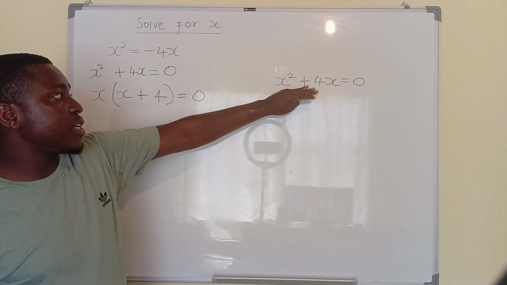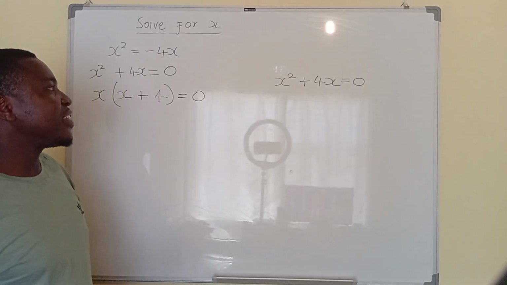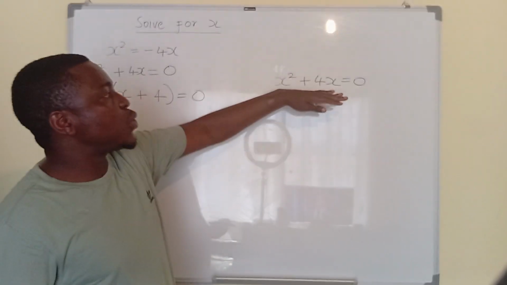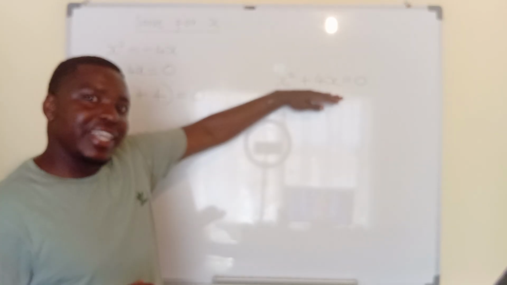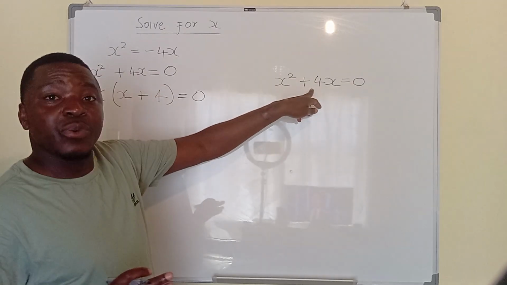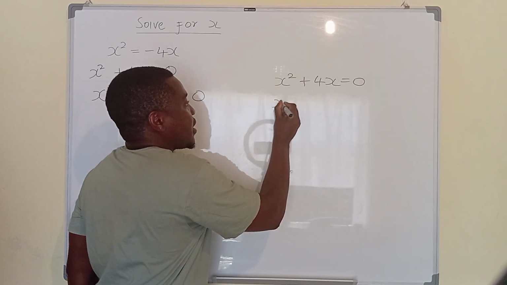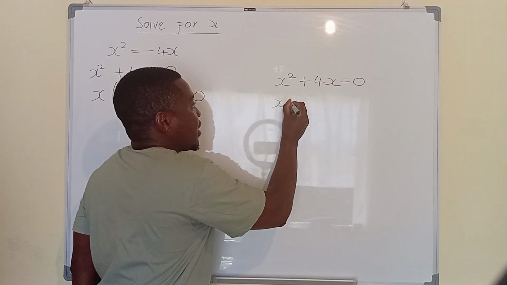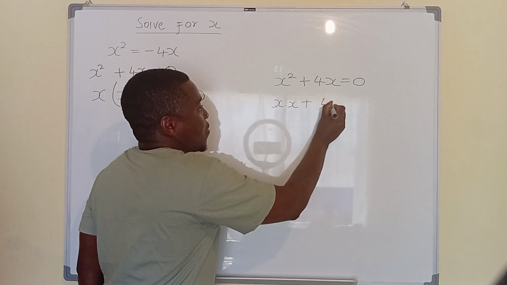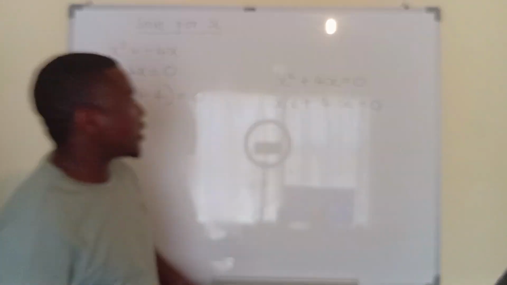This is x squared plus 4x is equal to what? 0. Okay. So I'm going to rewrite this equation in a way that is equivalent to this equation again, right? x squared is the same as x by x plus 4 by x is equal to 0, right?